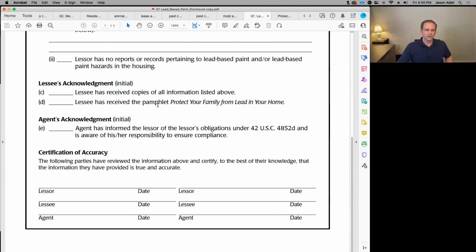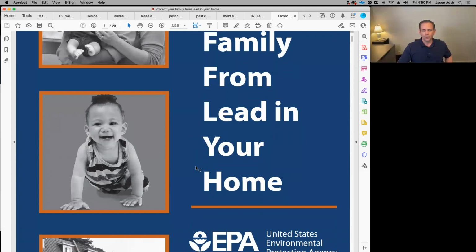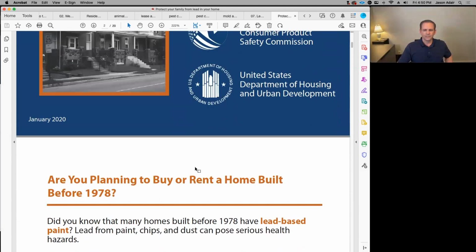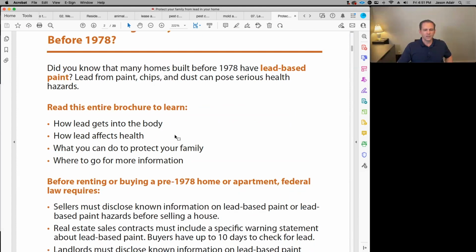That is required. That is a required document that you have to give them. This is a copy of that document. You can download these from the EPA website. Either print them off, email them, whatever else. But it's a 20-page pamphlet basically educating them on lead-based paint, what it can do, the hazards, how it can affect children. It can really mess kids up.